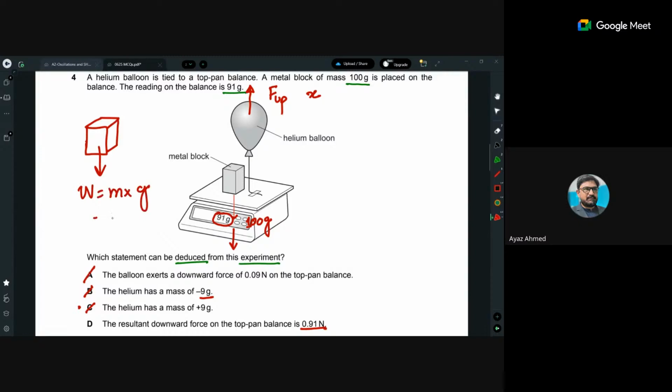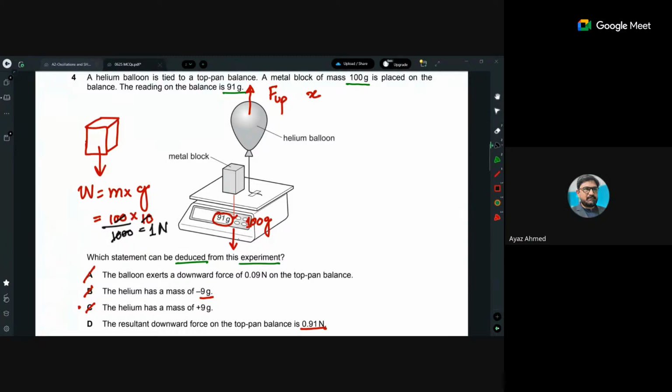So mass is 100 gram and the value of g here is taken as 10, because in this question the value is used as 10, but you have to make the habit of using it and put it. Now look, mass is in grams, so you will convert it into kgs by dividing it by 1000. So two zeros will be gone with this, 10 will be gone with this. So it is basically 1 Newton.